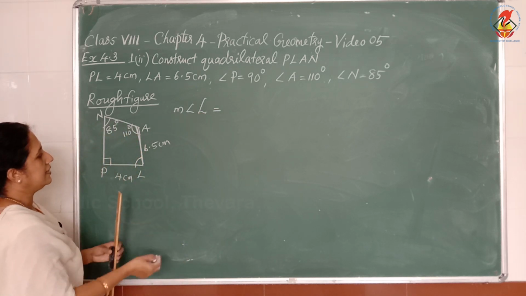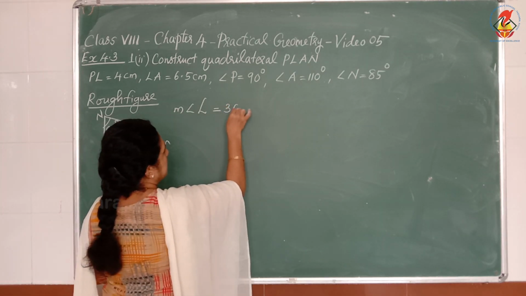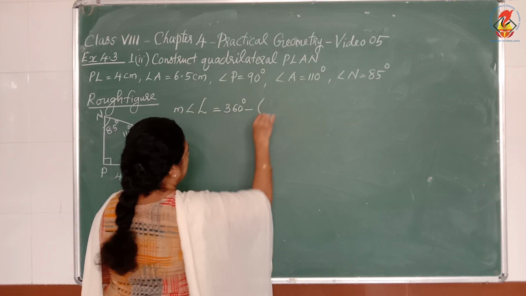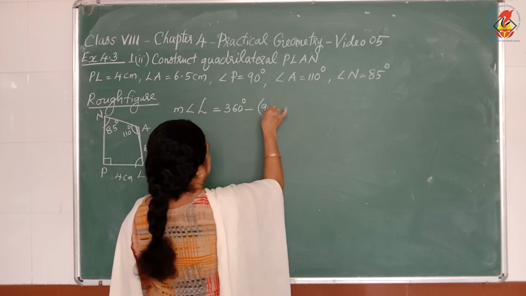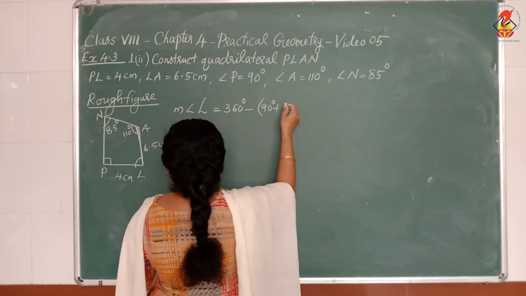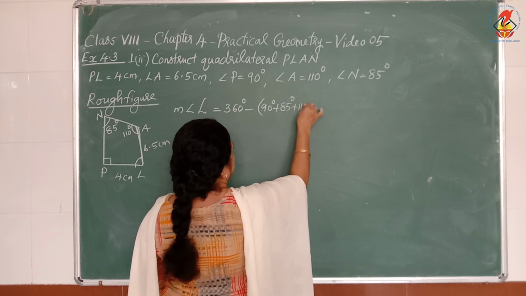So angle L is equal to 360 degree minus the sum of the measures of the other three angles, that is 90 degree plus 85 degree plus 110 degree.